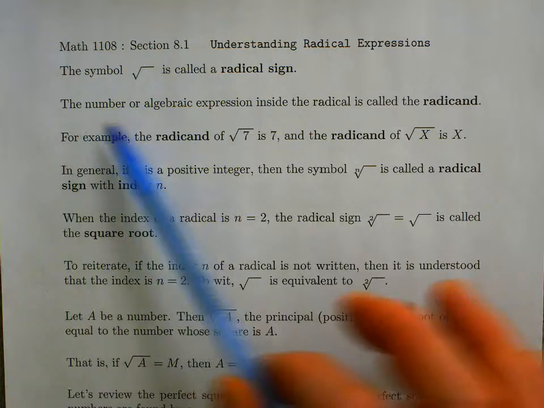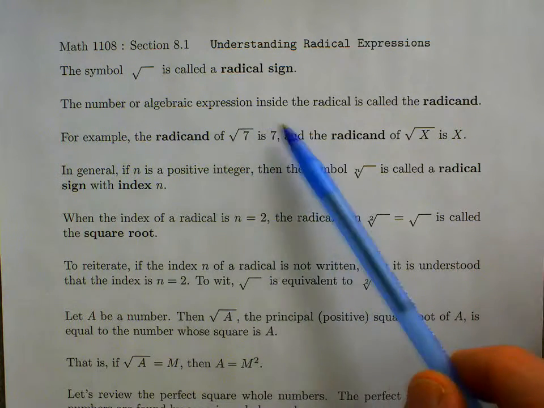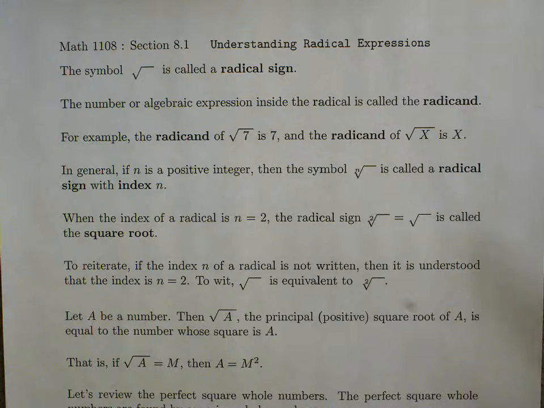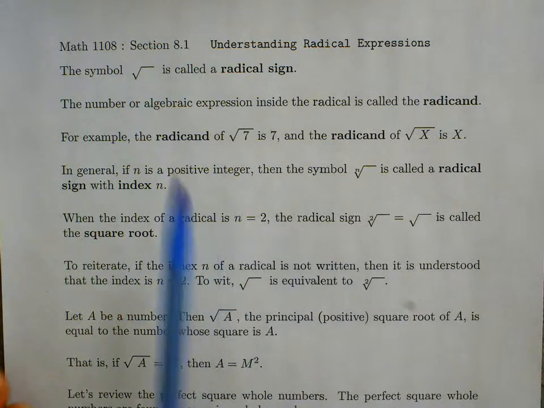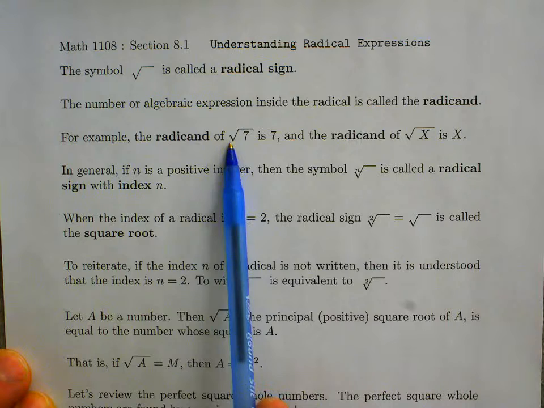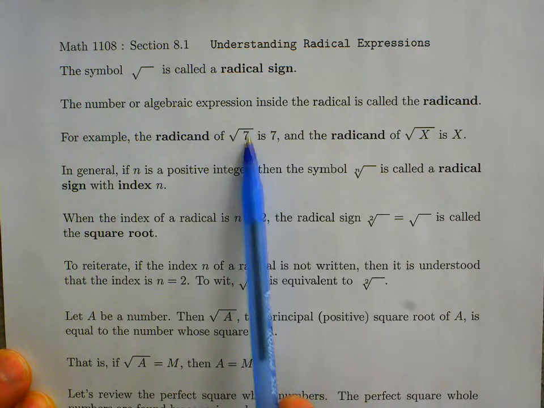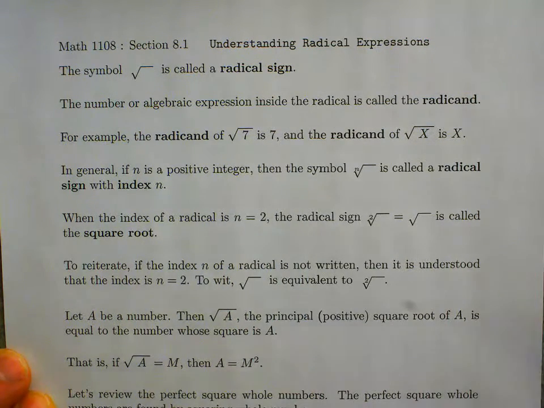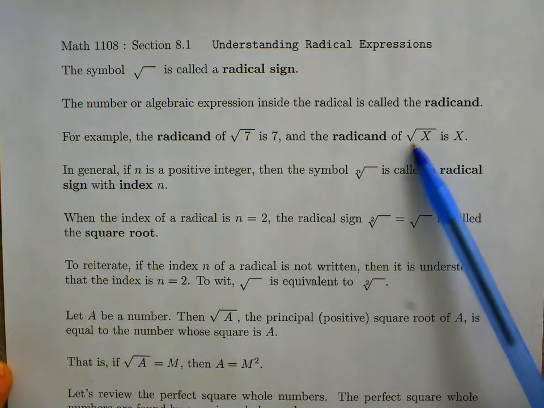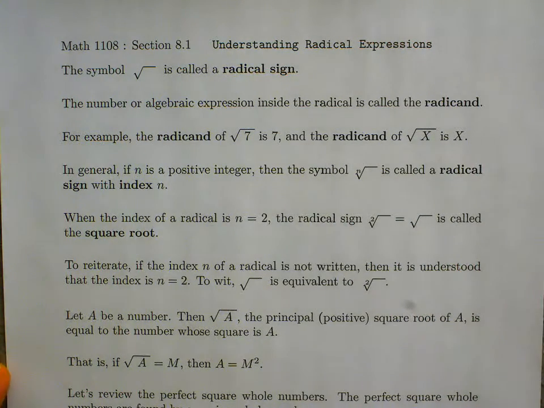The number or algebraic expression inside the radical is called the radicand. For example, the radicand of this radical with 7 inside is 7. The radicand of this one is x.